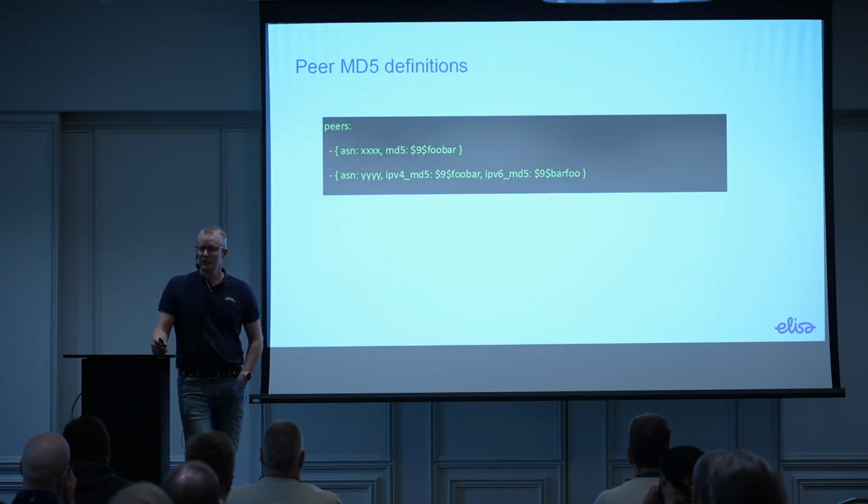It's not very beautiful, but it's working. And we haven't had the time and effort to over-engineer this because, after all, peers with MD5 passwords are a minority. So this is currently kind of a minimum viable working solution.